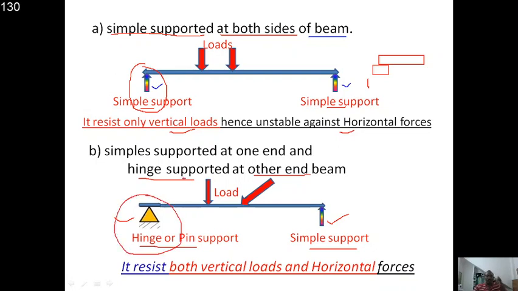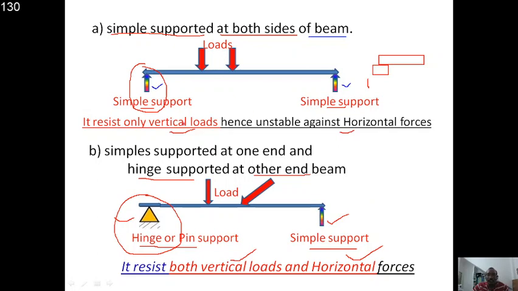So a simple support is on one side and a hinge support on the other side, then also it is a simply supported beam. But what is the advantage? It has the advantage of resisting both vertical loads and horizontal forces.